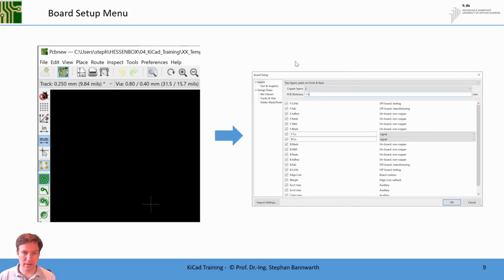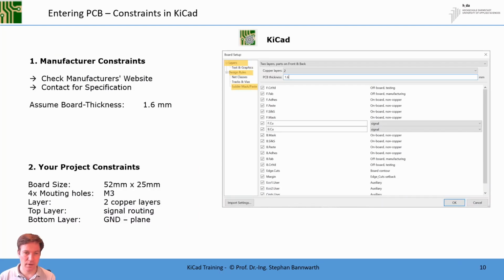Once the layout editor is running, you see in the upper left corner this icon with this wheel, and you click on this wheel and the board setup menu opens. In this menu you enter all layout constraints, the layout constraints of the manufacturer and your own ones.